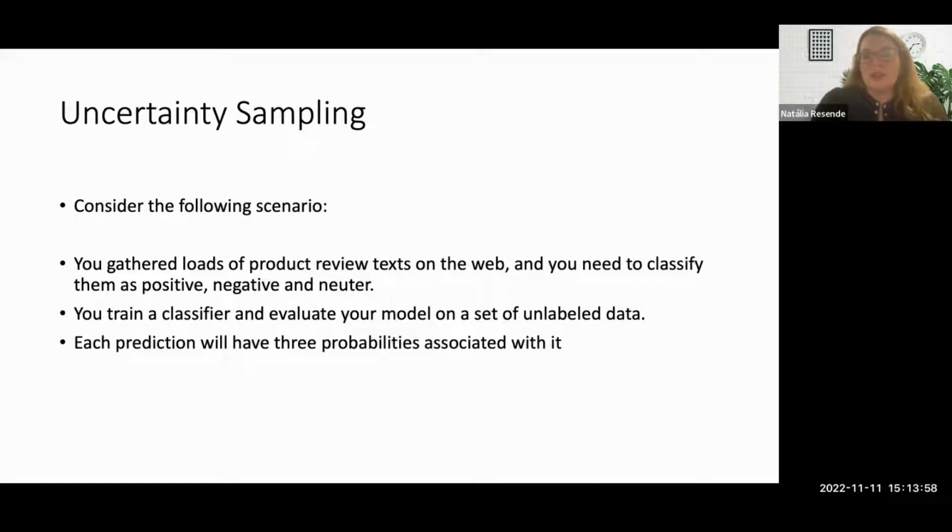And of course, for each instance, you are going to get at least three predicted probabilities, right? So one probability associated with the positive, one with the negative, and one with the neutral class.